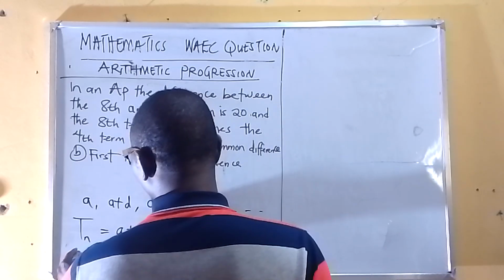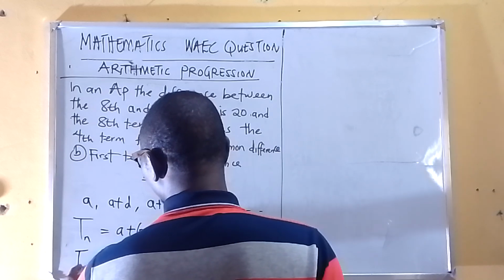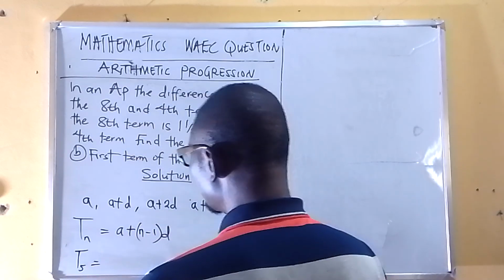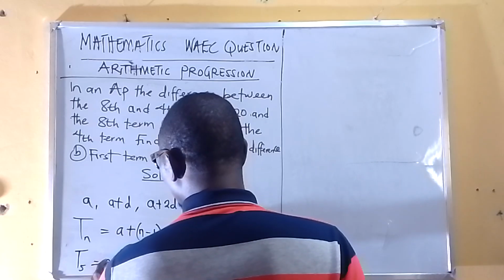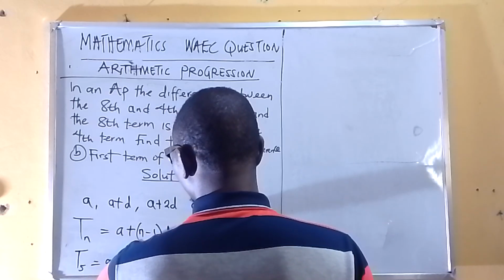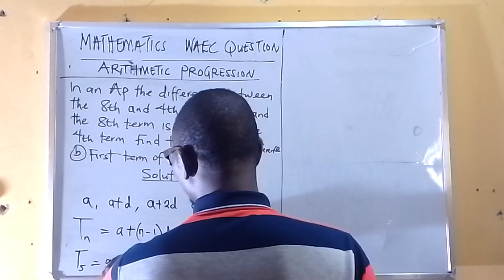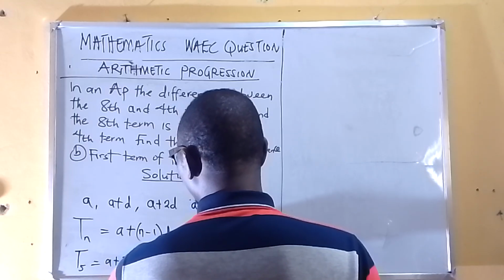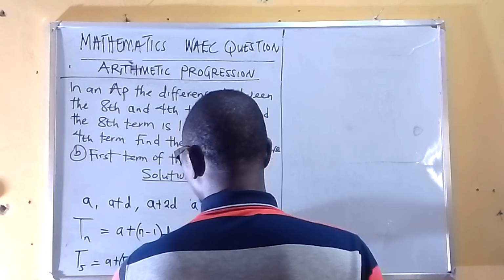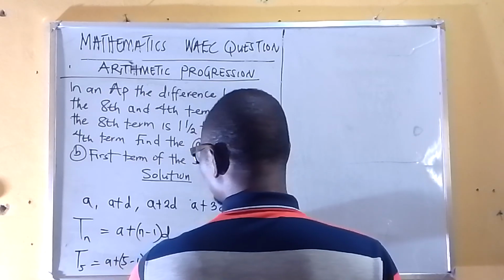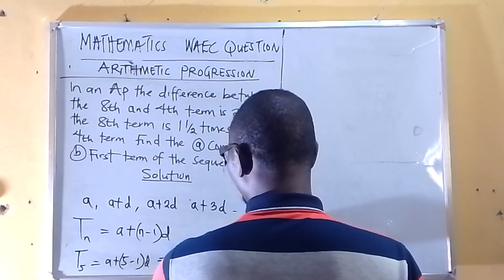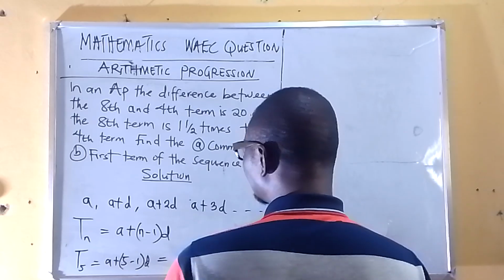For instance, if you are looking for the fifth term of an AP, it's simply a plus, our n is 5, then you take away 1 from it, you have 5 minus 1 d, which is equal to a plus 4d.